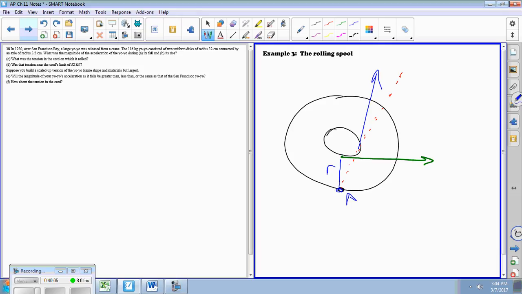Some books say that it will just spin in place, and that seems not too far off the truth. And then I've seen some books say that it'll just move this way without rolling. So I think there are some variables there. I think it depends on the frictional force.